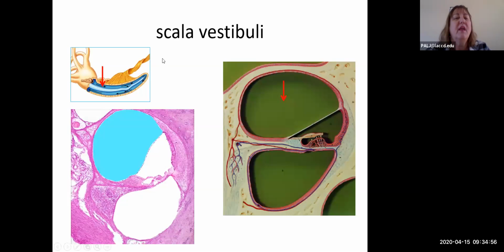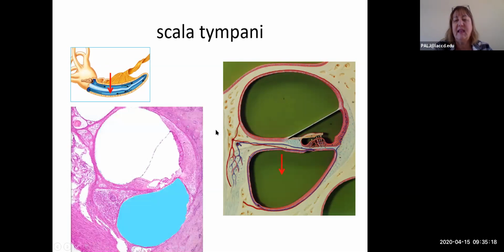So the upper part containing the blue fluid, which was outside the cochlear duct, is called the scala vestibuli. So the scala vestibuli is part of that cochlea, part of the bony labyrinth. And then the lower portion containing the blue fluid is going to be called the scala tympani.